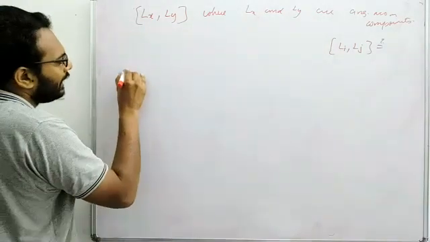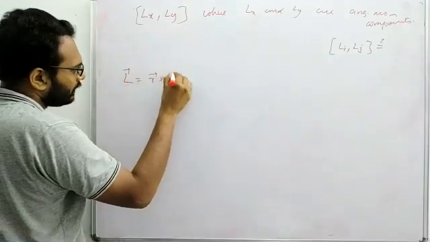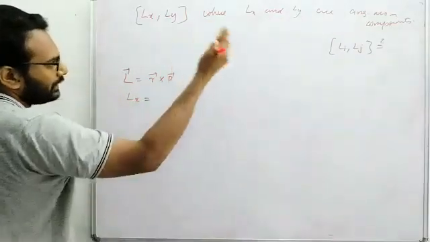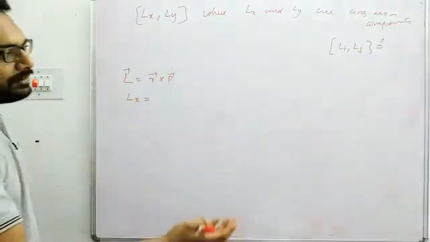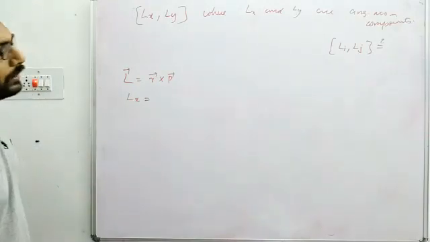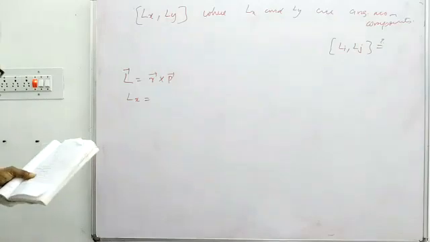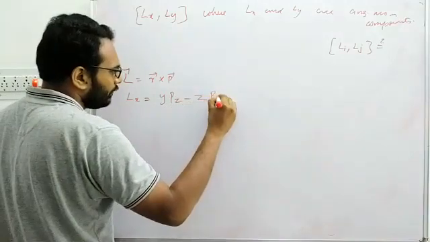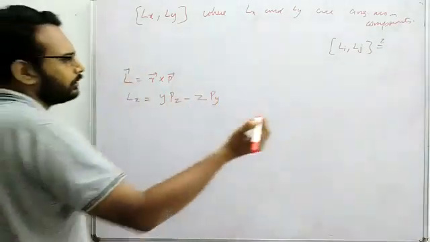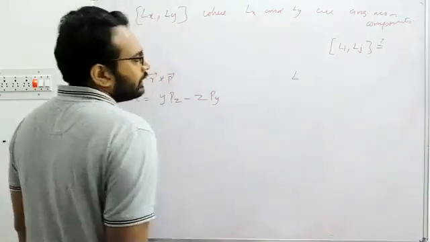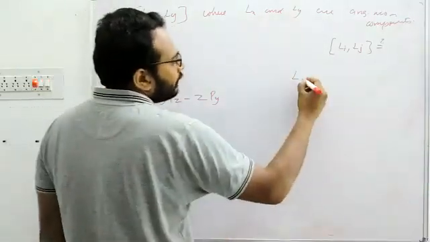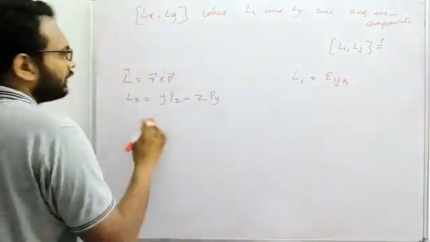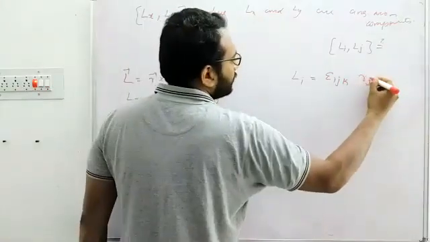We know that the L vector is equal to the R vector cross the P vector. So Lx we can find either using the Levi-Civita symbol or the determinant form. You know that Lx is equal to y pz minus z py. Li is equal to epsilon ijk rj pk.